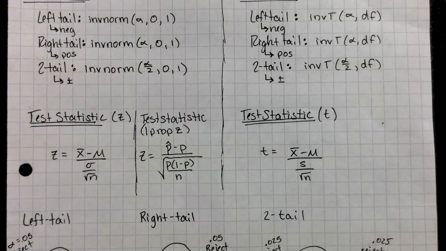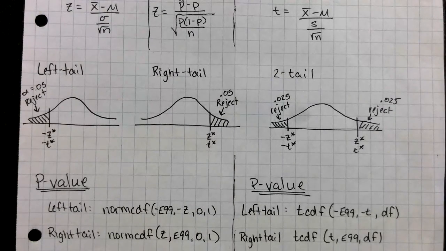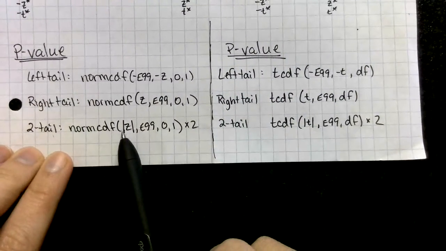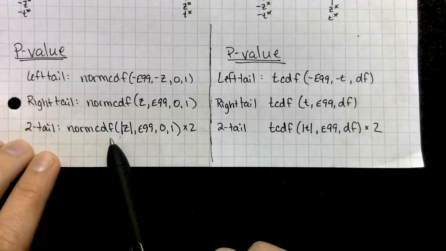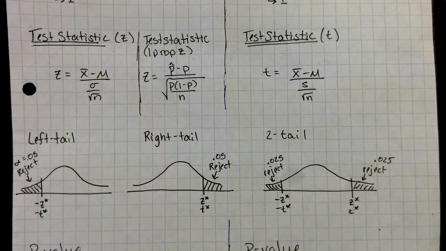And then this is your T test. These pictures hold true for all of them: left tail, right tail, two tail, and how you find your p-values. These work for both the regular Z-test for means and the Z-test for proportions. So make sure you note that update and get that added to your own formula sheet.